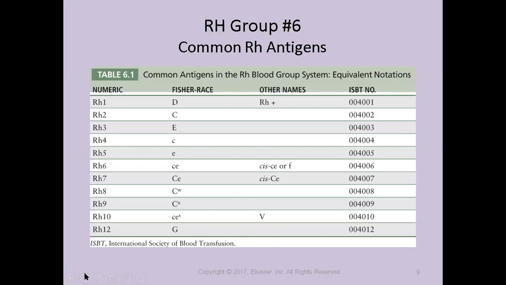So here we see table 6.1 from our textbook that lists common antigens in the Rh blood group. You can see here the Fisher-Race terminology, and then over here we see the International Society for Blood Transfusion number. One thing I want to point out is that these ISBT numbers are used worldwide.